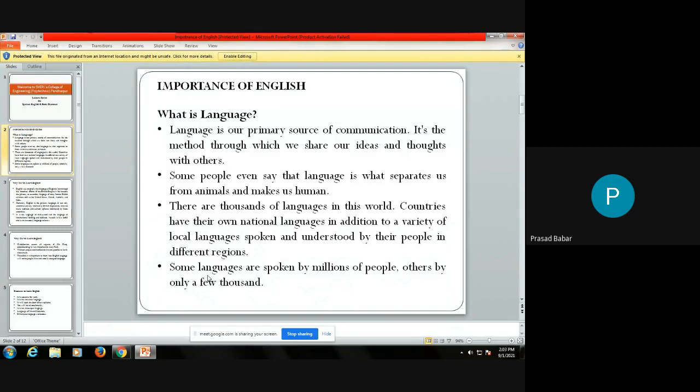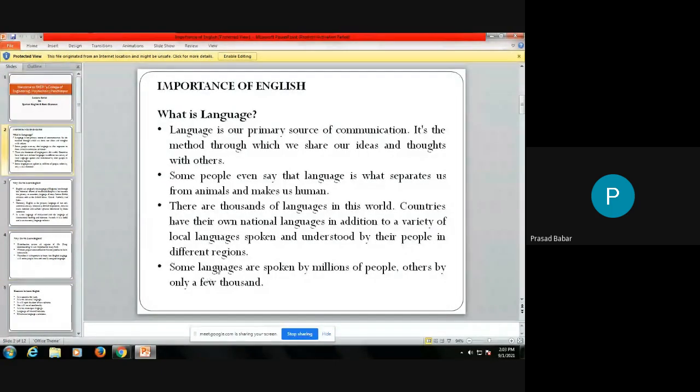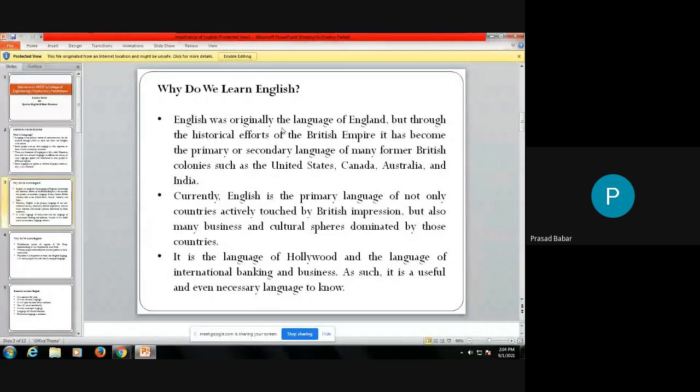Only thousands of people are there, tribal people. So they are having a different language than us. So these are the languages spoken by few thousand, and some of the languages are spoken by millions of people. So this is the difference. Okay, this is about the language.